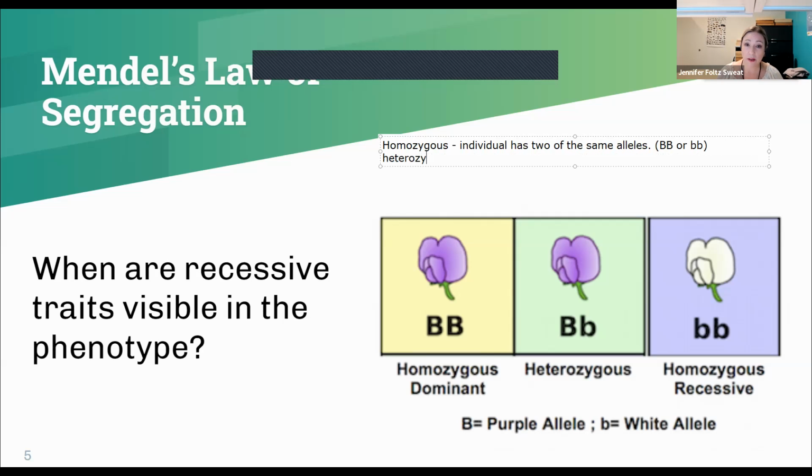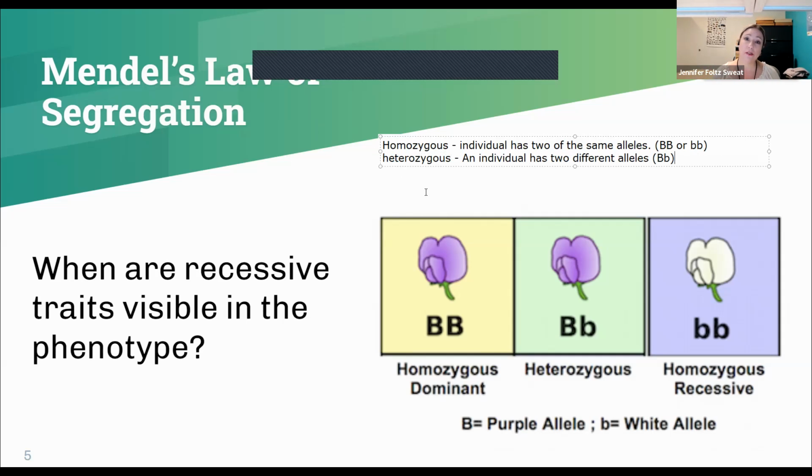Heterozygous, hetero means different. So heterozygous is always big B, little b, or whatever letter it is you're using. You do not say heterozygous dominant or heterozygous recessive, because you have 1 dominant allele, 1 recessive allele.